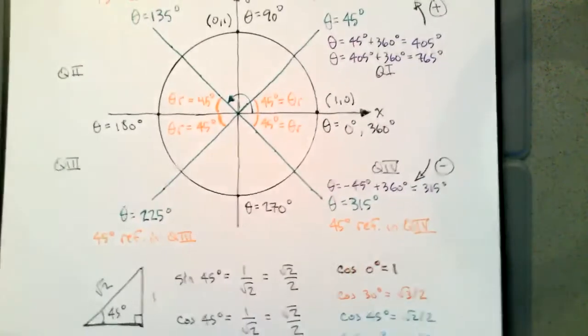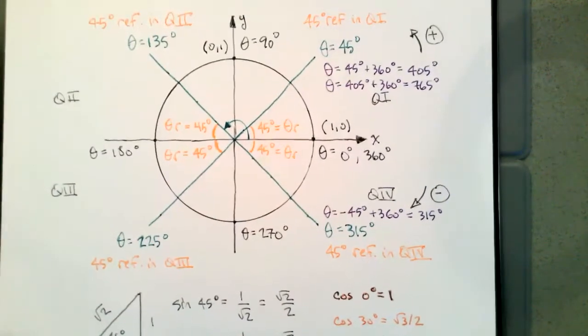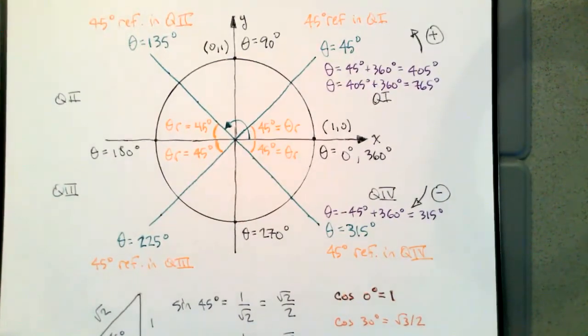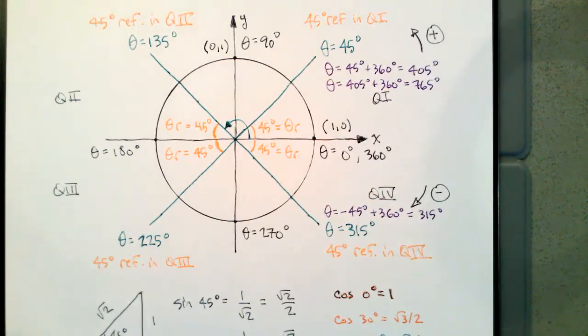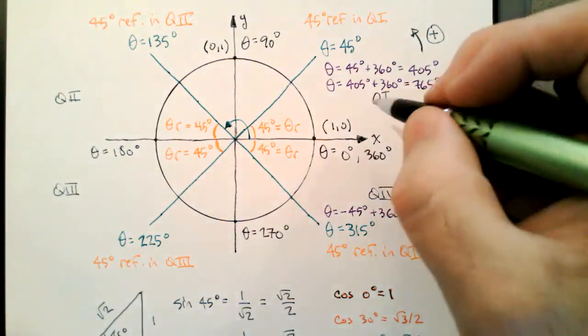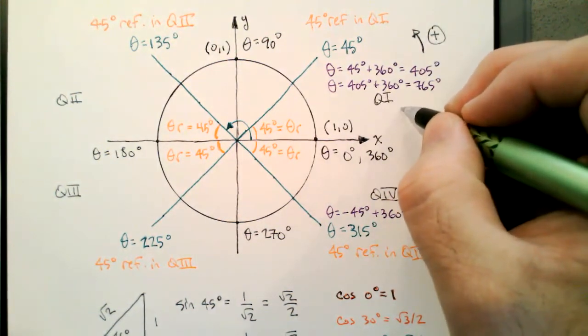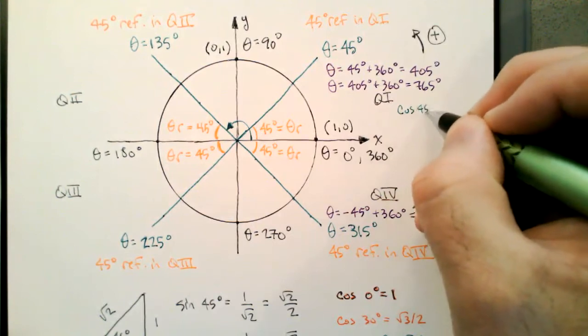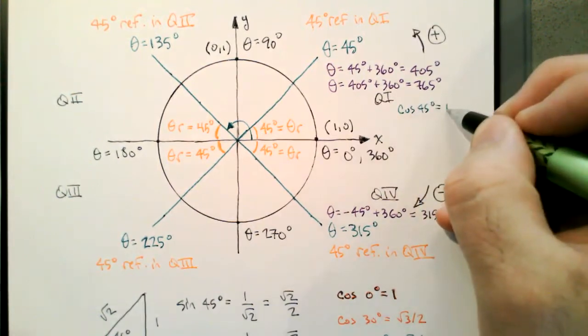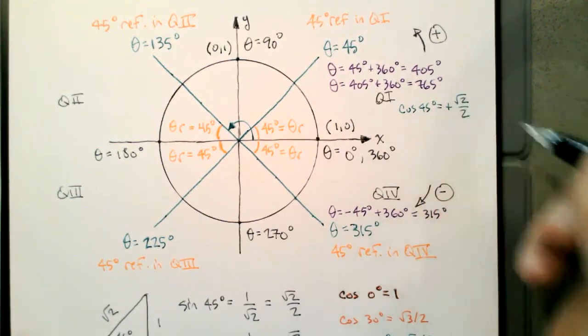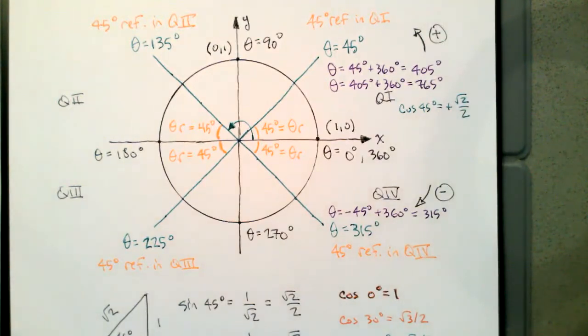So putting this together, back on our unit circle with these 45-degree reference angles, we know that the cosine of 45 is equal to root 2 over 2. That's the value. And we know that cosine is positive in the first and fourth quadrant. So the cosine of 45 is going to be positive root 2 over 2, because 45 is in the first quadrant.